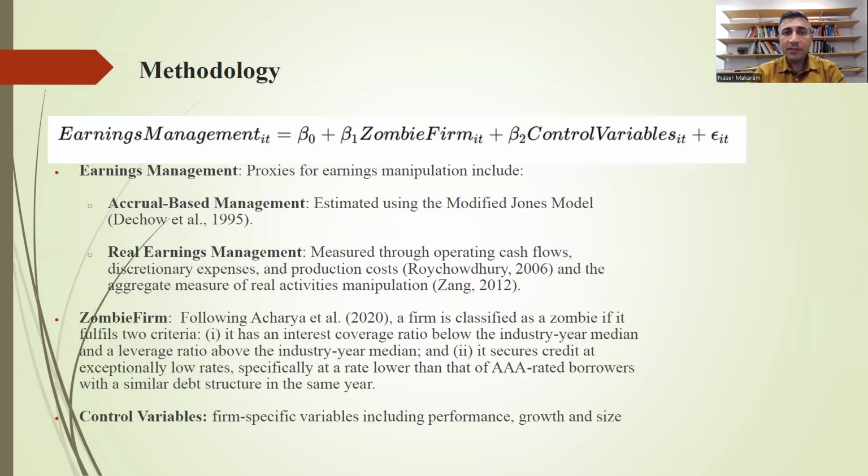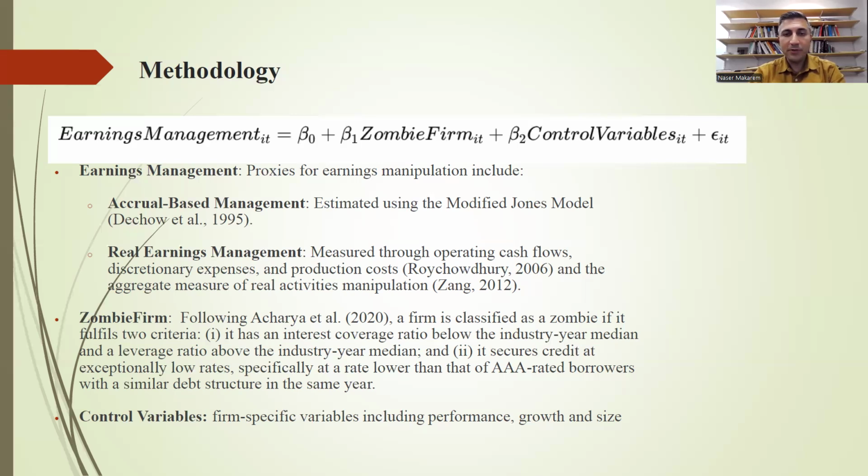This is the basic model that we use. The idea is very simple. We have earnings management as the dependent variable, the main variable, which is zombie firm, and some control variables. We measure earnings management using accruals-based measures, mainly the modified Jones model, Dechow et al. 1995. We also measure real activities manipulation, or real earnings management.